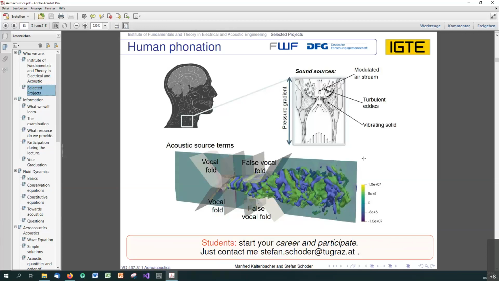But on the other side, the SimVoice project would like to develop in the direction that we then use MRI scans of the patient to really have their geometry and then discretize this to have a personalized model of their voice and so on.